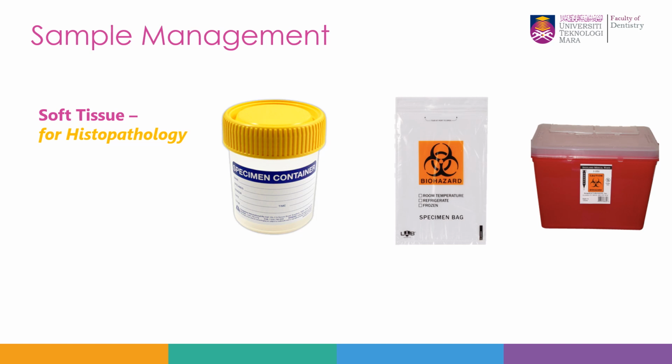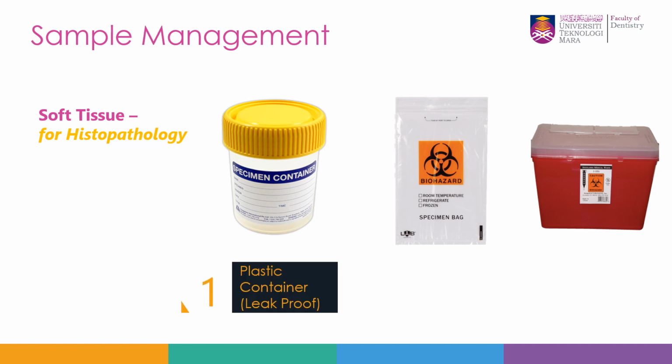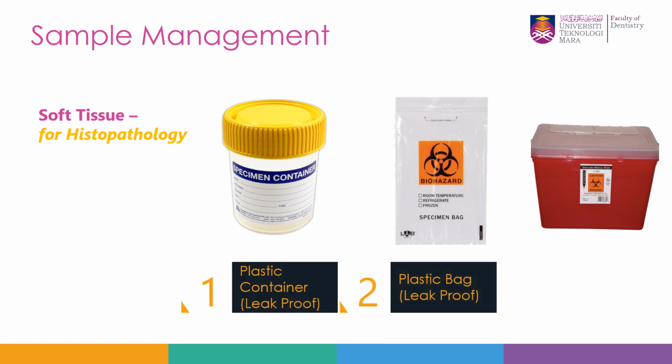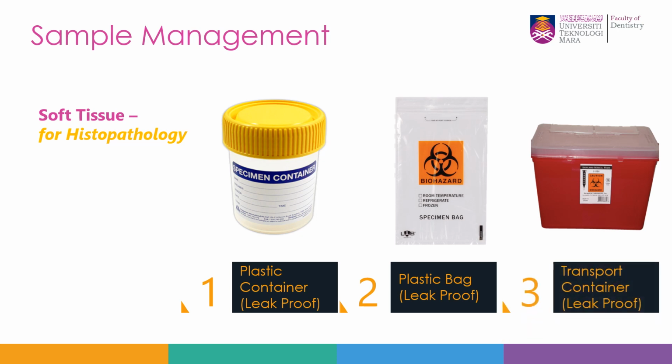So for the soft tissue specimen, we need a leak-proof plastic container, a plastic bag, and then a leak-proof transport container. In the clinic, we use this plastic container labeled as a specimen container, and we put the medium in there, put the soft tissue specimen inside and close it tight.